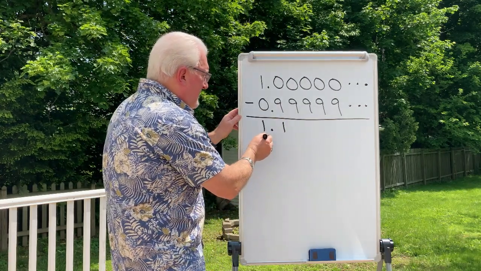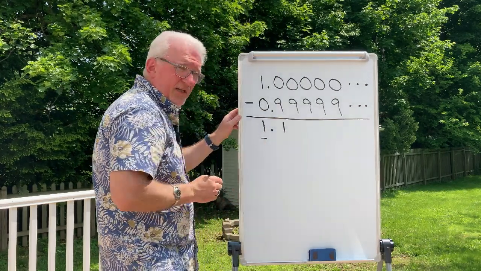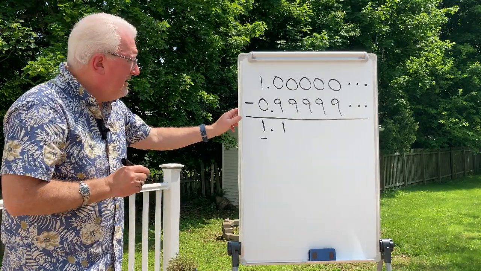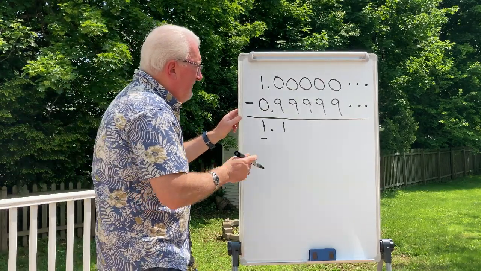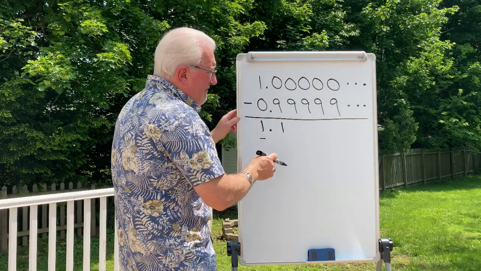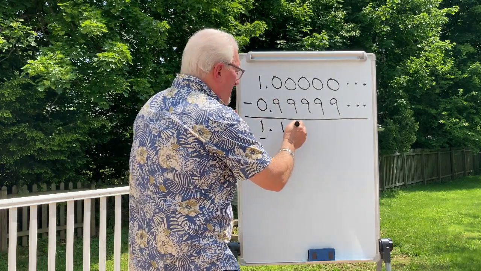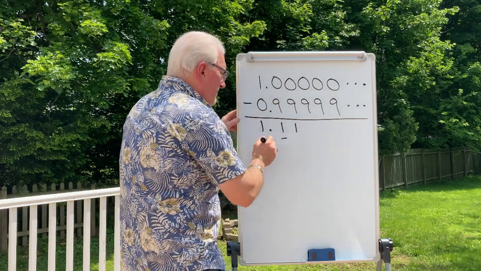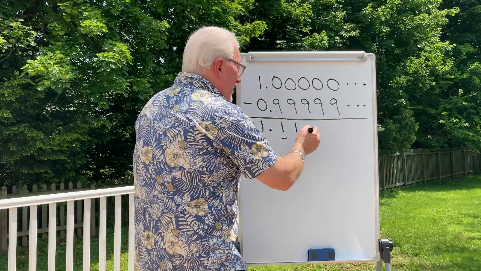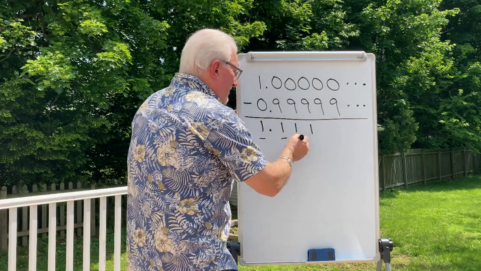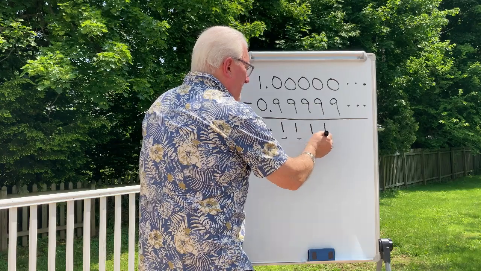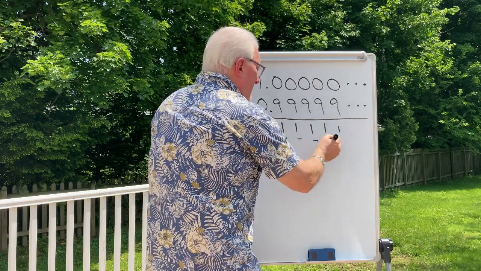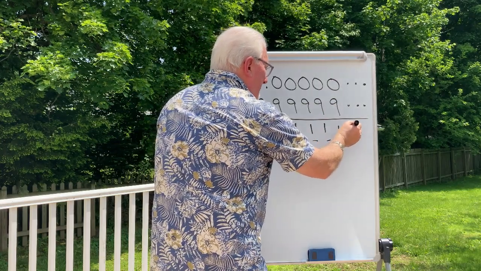But we're going to indicate that we took the complement by putting a little dash in the column next to it. Again, 9 minus 0 is 9. Complement of 9 is 1. Little dash. And so on. We're going to have a whole string of ones and dashes forever hereafter.